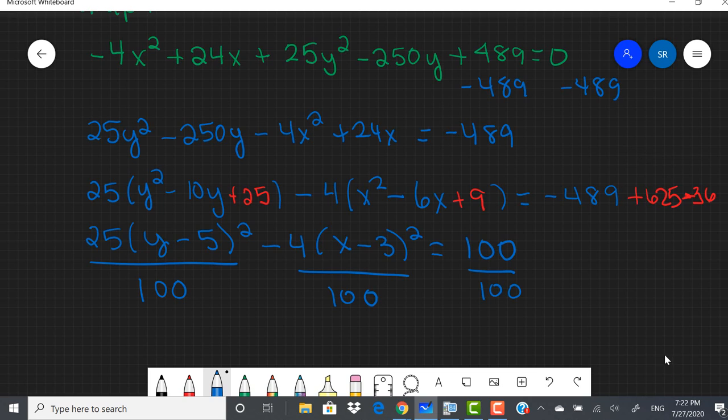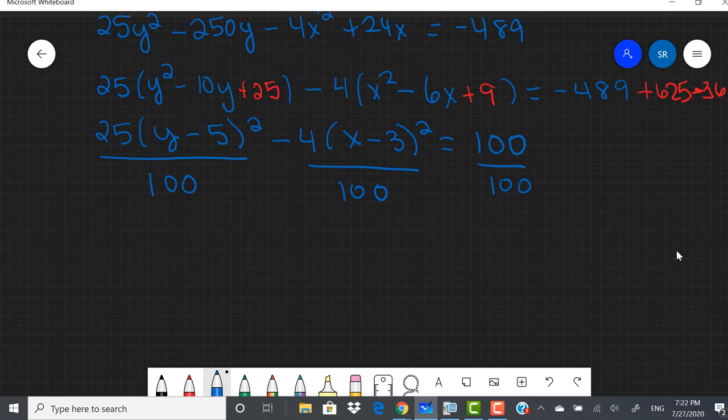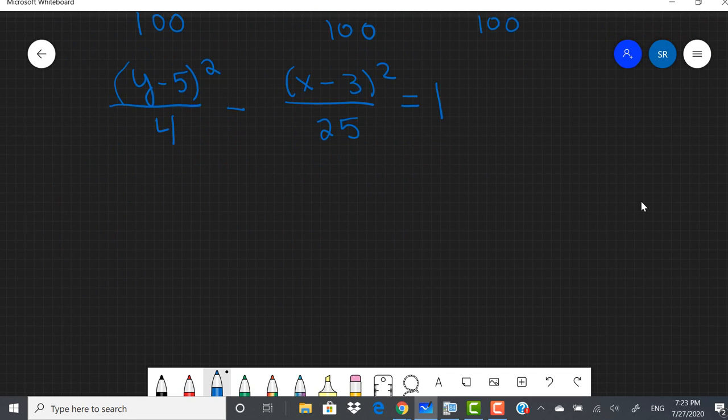This is where the nice even numbers are so nice, because we can reduce these fractions to y minus 5 squared over 4 minus x minus 3 squared over 25 equals 1. I didn't know how much space I was going to use, so I didn't really draw a graph, but we'll draw as best as I can. Not too bad.